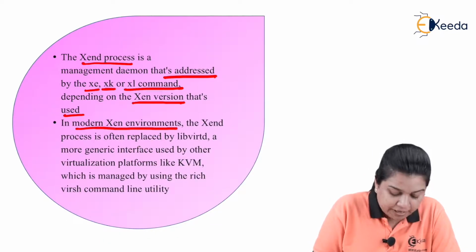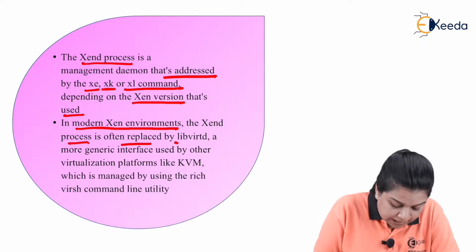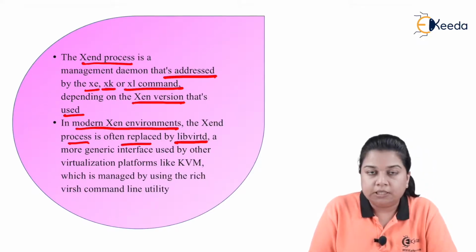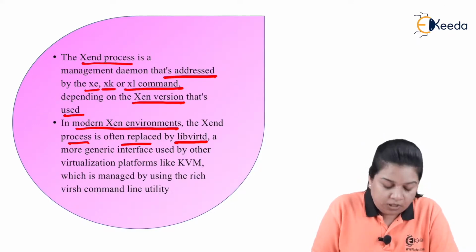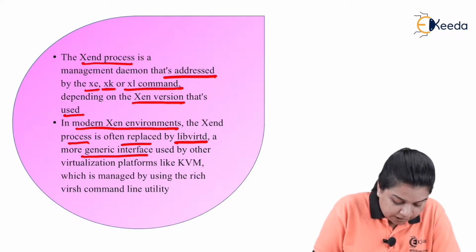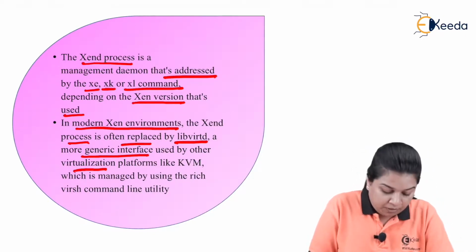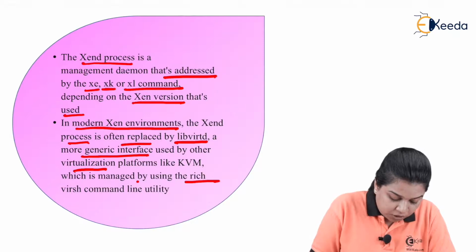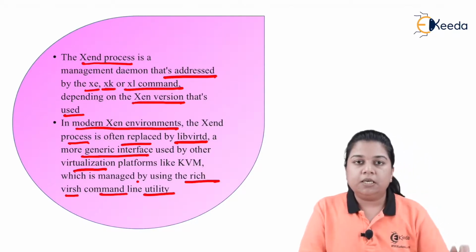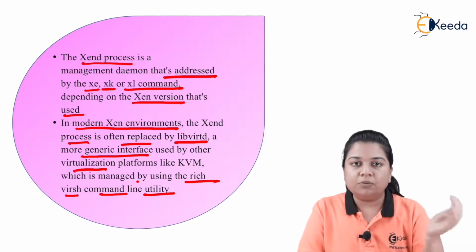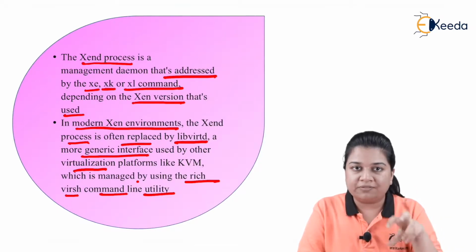In modern Xen environments, the xend process is often replaced by libvirt, a more generic interface used by virtualization platforms like KVM, which is managed by using the virsh command line utility.